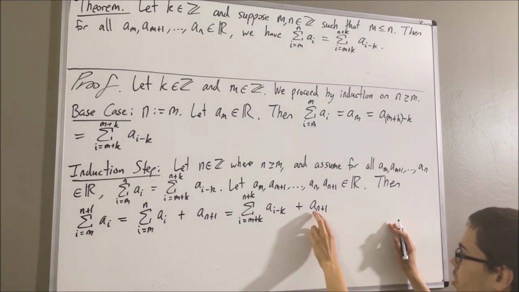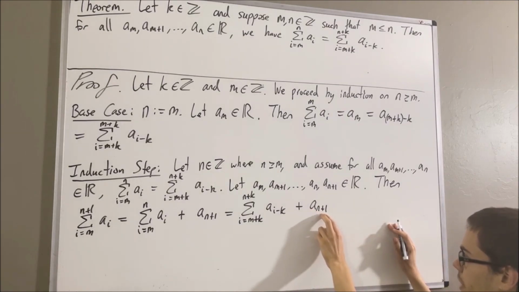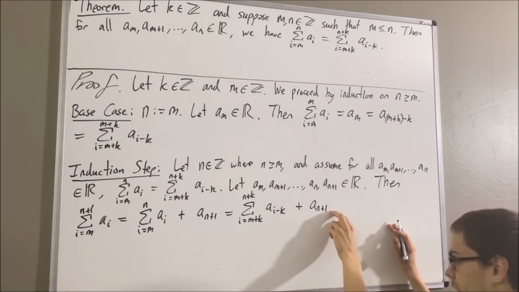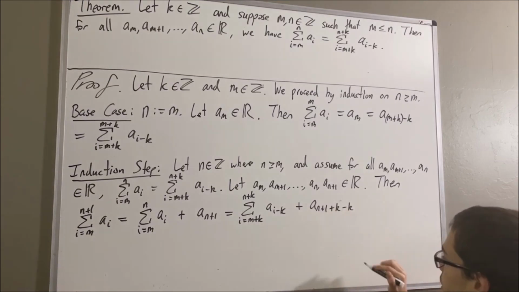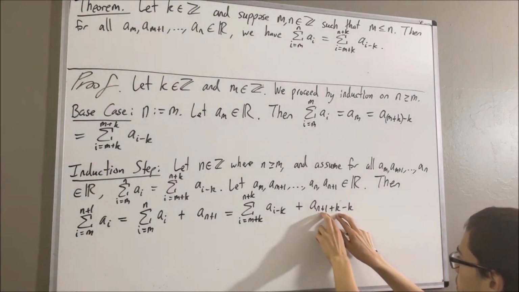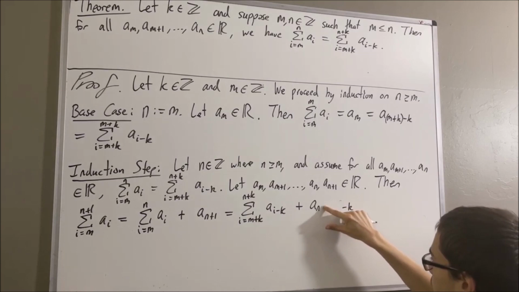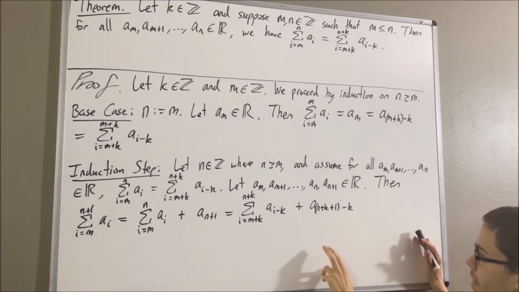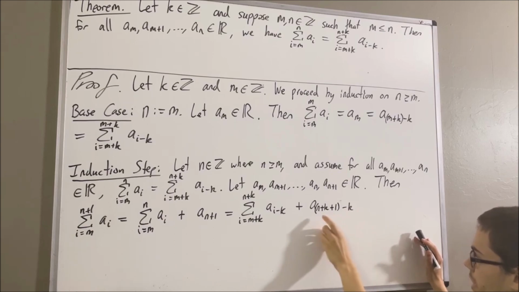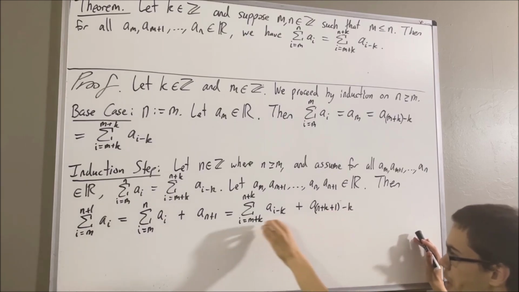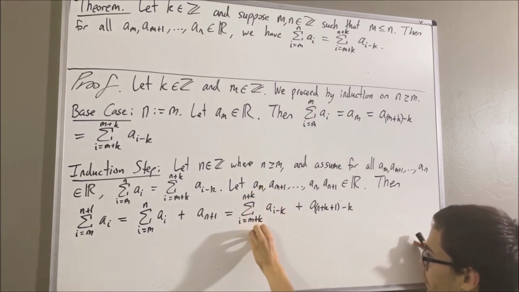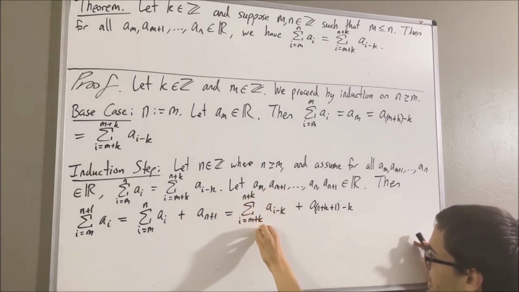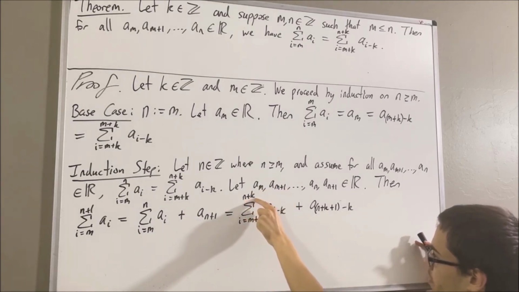But then notice, we know that a_(n plus 1) is the same thing as a_(n plus 1 plus k minus k). And in fact, I'm going to swap the order of the plus 1 and the plus k, and I'm just going to put parentheses around that. And now notice, this is really just the n plus k plus 1th term of this sum, right? If you think about all the terms of this sum, the final term in the sum is the n plus kth term.